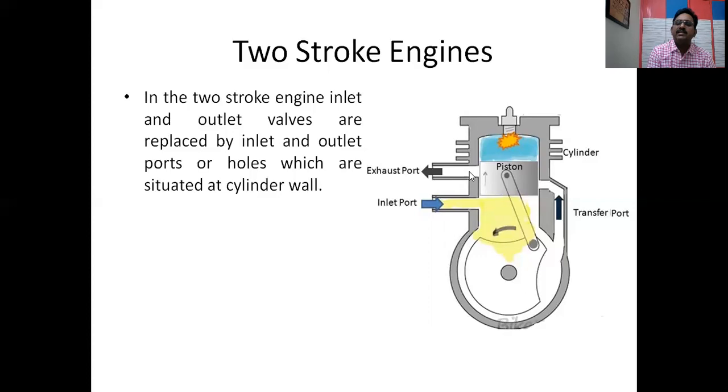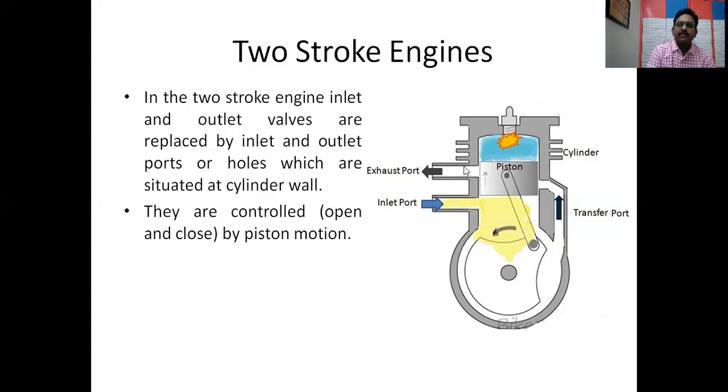See here, this is the exhaust port and the inlet port, and this is only a gap. That means it's a hole, and the closing and opening will be done by the piston itself. See, now the exhaust port is closed and the inlet port is open. When the piston moves down, the inlet port will be closed and the exhaust port will be open. All of this is controlled by the piston only.